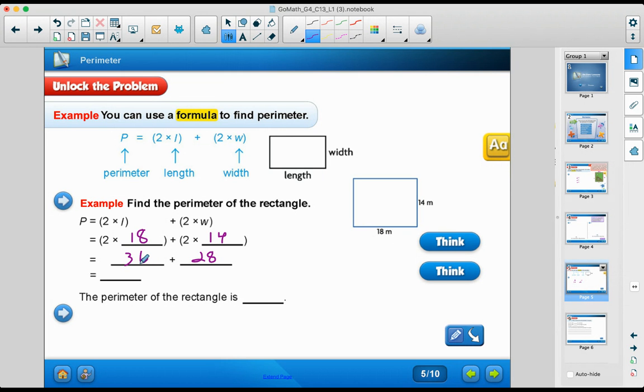So now if we add 36 and 28, we get 64. So the perimeter, the outside of this rectangle, is 64 meters.